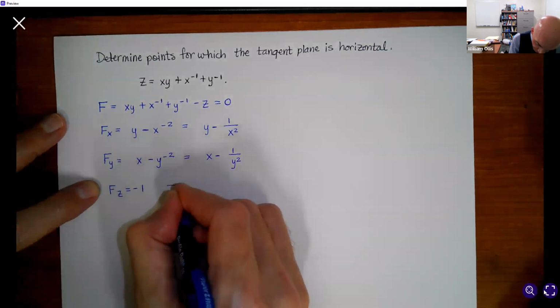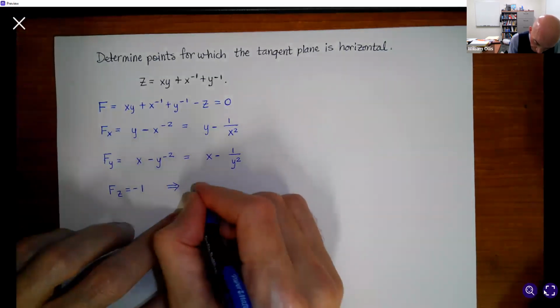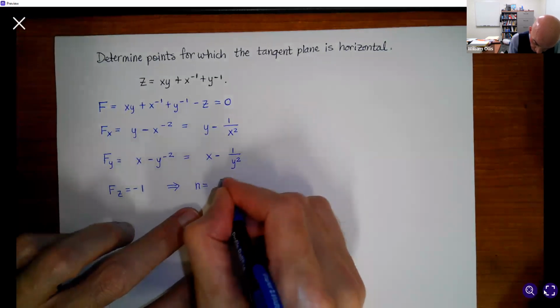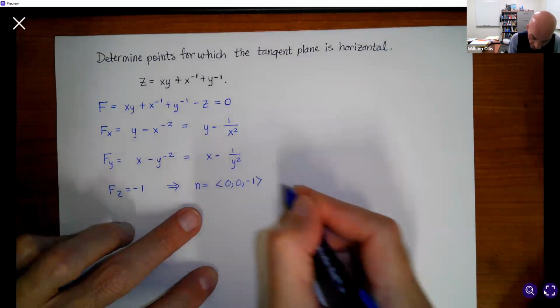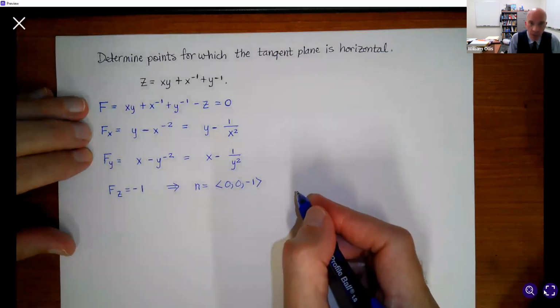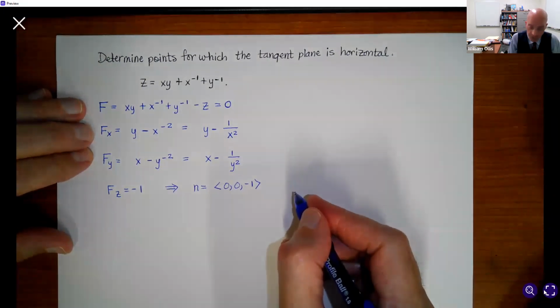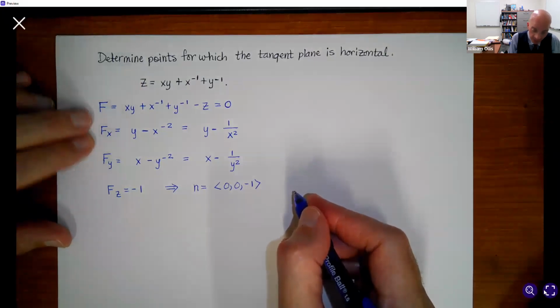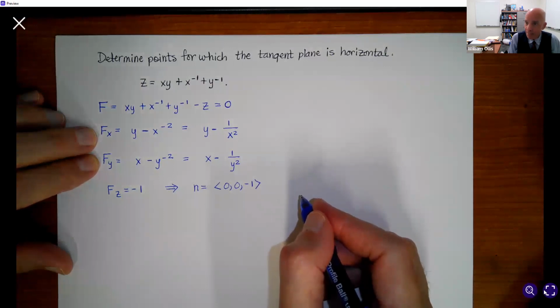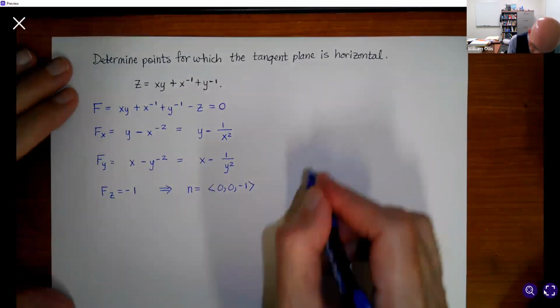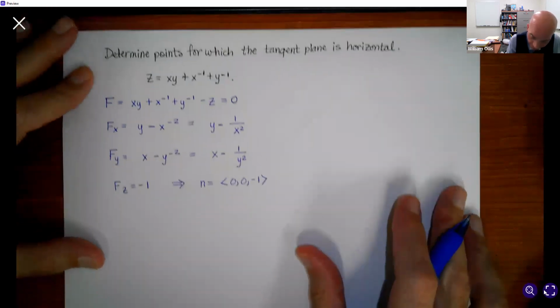So this implies that we're looking for a surface normal of this form, 0, 0, negative 1. And of course, the coordinates here give us that surface normal. So this would mean that our x partial and y partial must be identically 0. So let's go ahead and compute that.